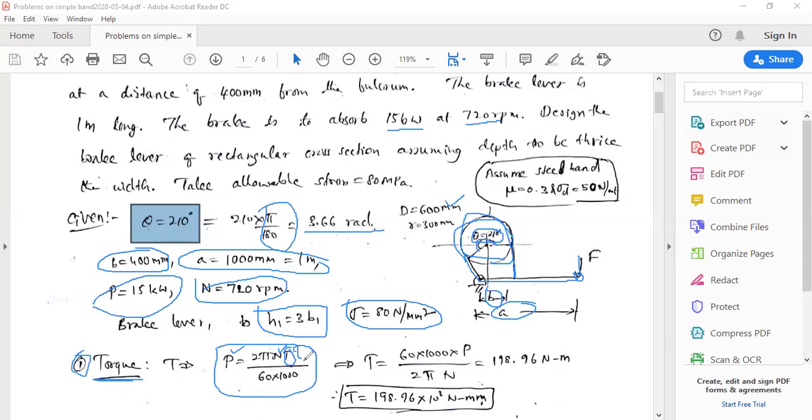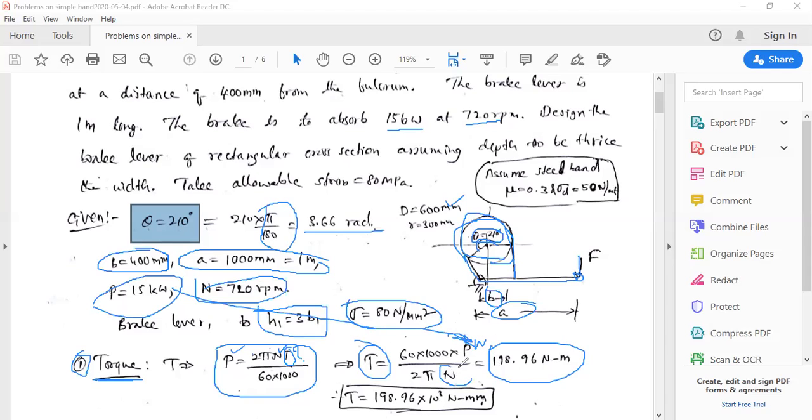That is what we have to get here. After modifying it, you will get the value of torque T as 198.96 newton meter. P is in kilowatt, that is 15 kilowatt, as given, so the same value you have to substitute here.